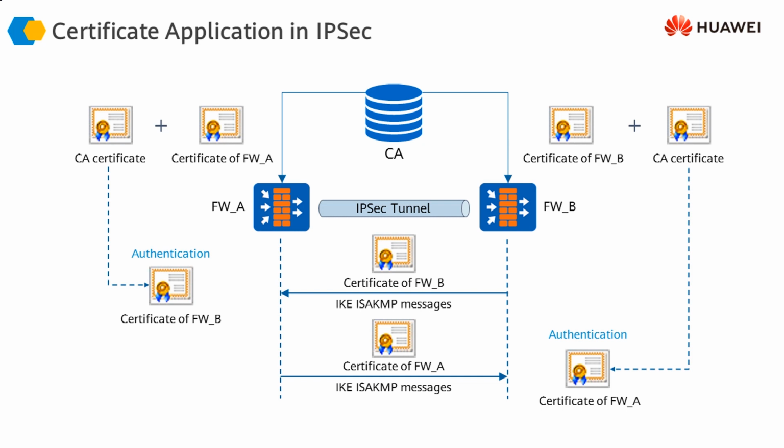Once both the local certificates of both the firewalls are verified by the other side using the CA certificate, this means that the two sides have successfully authenticated each other using the certificate authority, or using the CA mechanism.